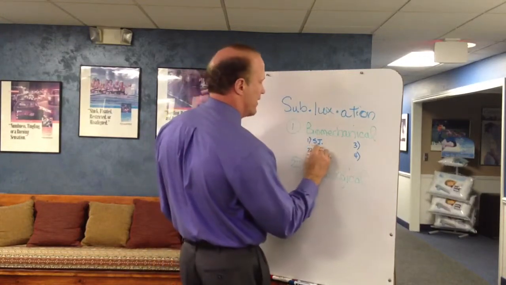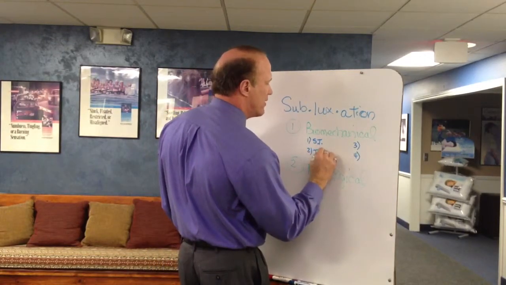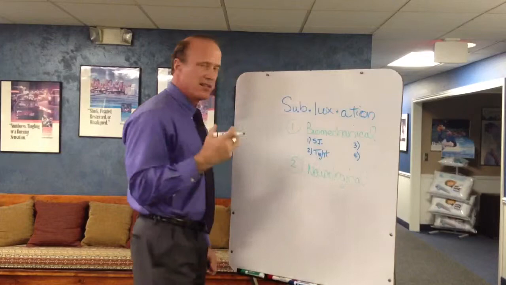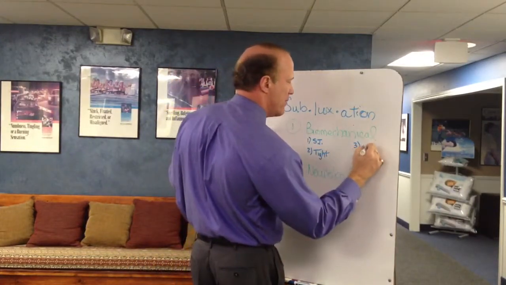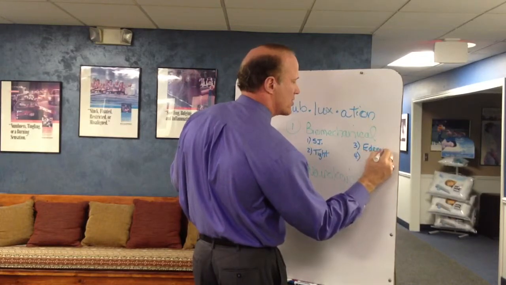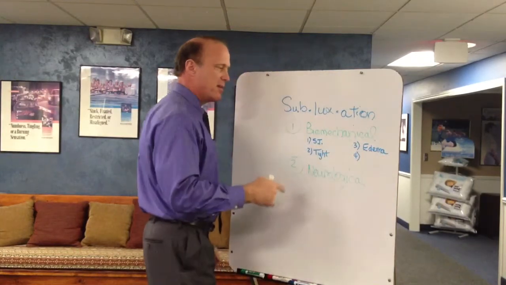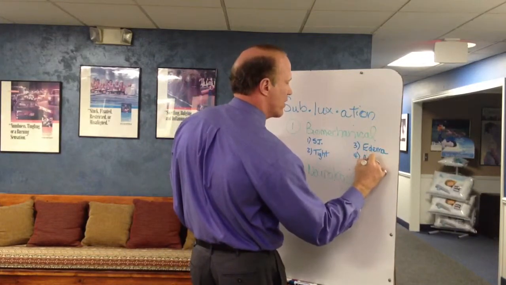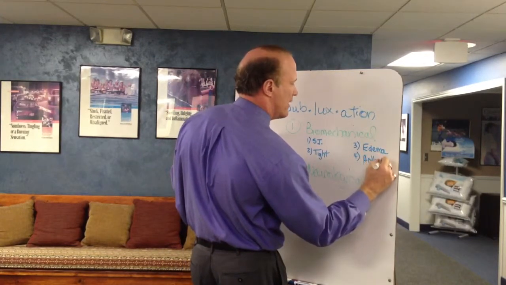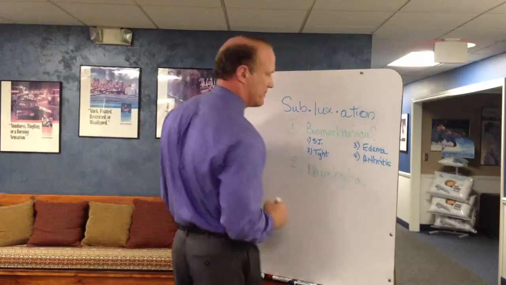There's different names for all this stuff too, but the concepts are what I'm really trying to get after. Because of this, you'll have edema or swelling, which is your body's attempt to try to heal this. Eventually, even the joint wears out, and they call that arthritis.